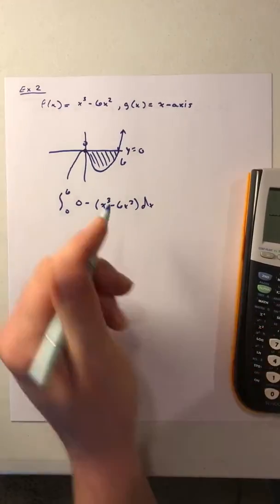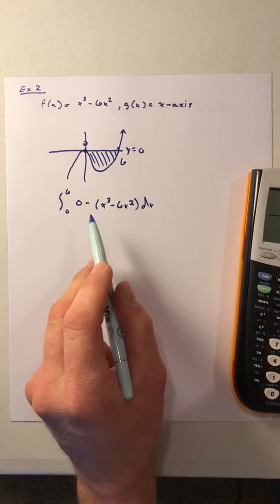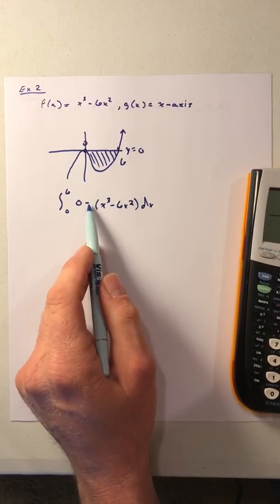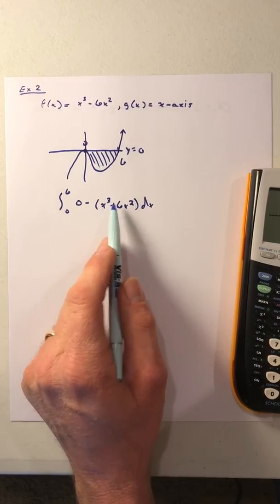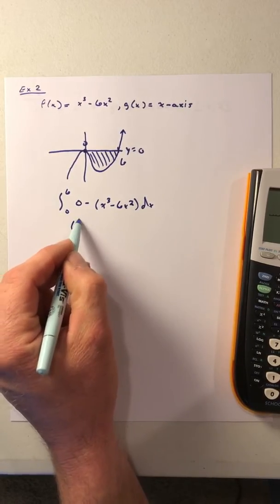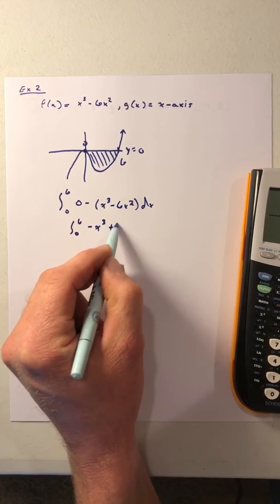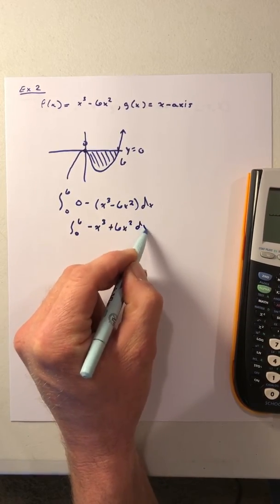Now again, we have to be careful because we're multiplying that negative through. If you're going to make a mistake with these, you're probably not going to multiply that negative through to both of them, and you'll end up with an erroneous solution. Cleaning up this integration, we have 0 to 6 of negative x to the third plus 6x squared dx.